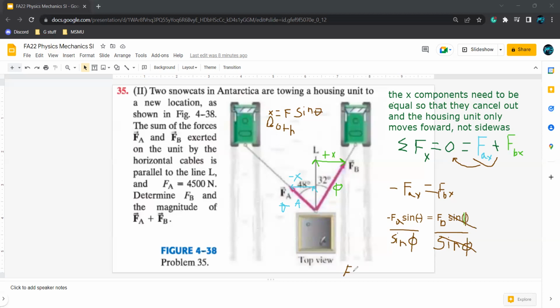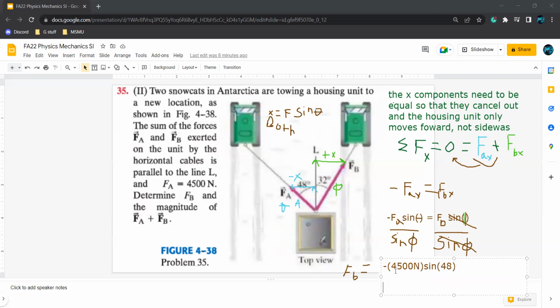It's f of b equal to negative f of a. I might be able to just type this. Negative f of a, which is 4,500 newtons, times sine 48 degrees.